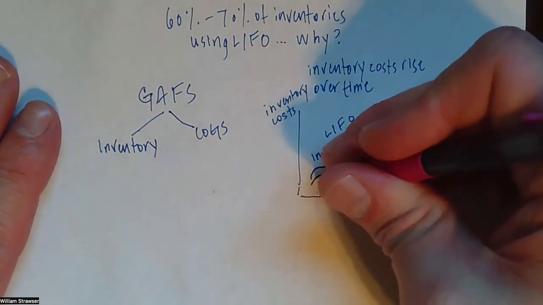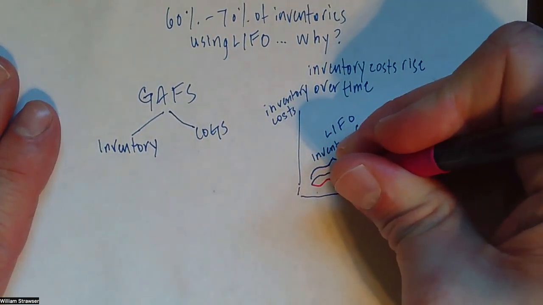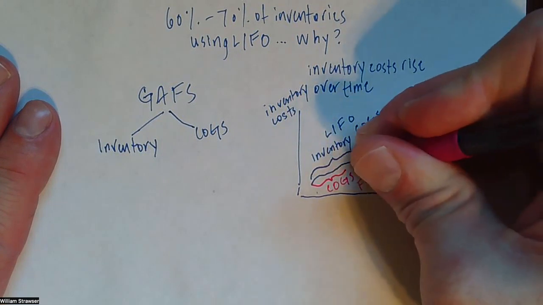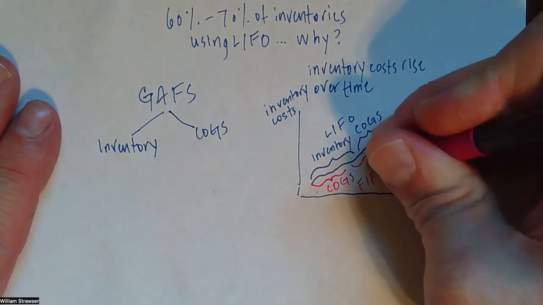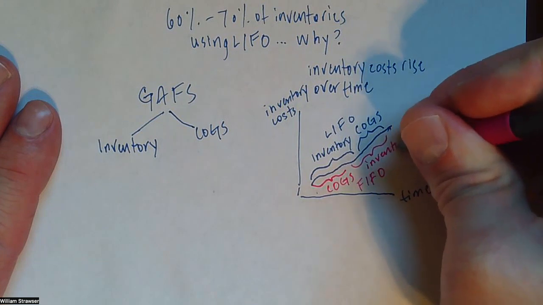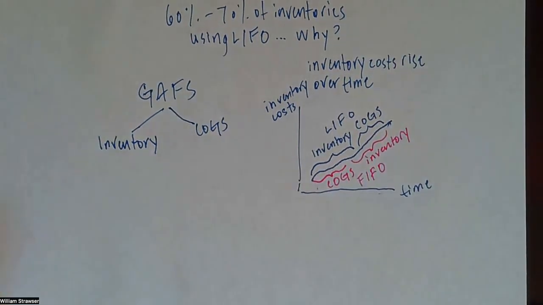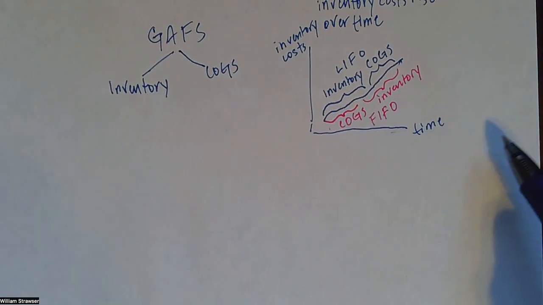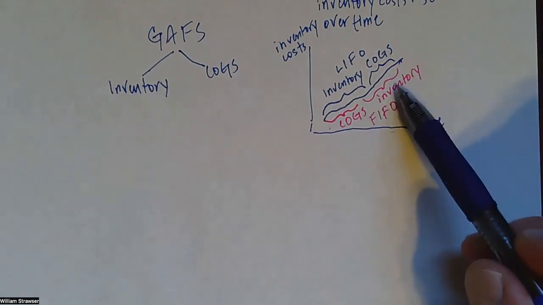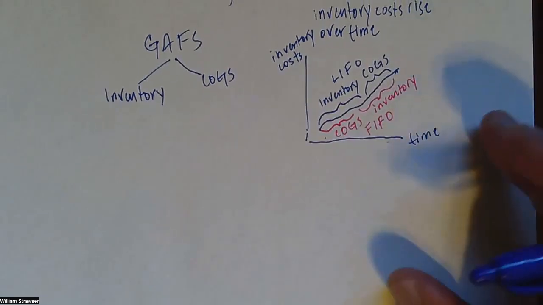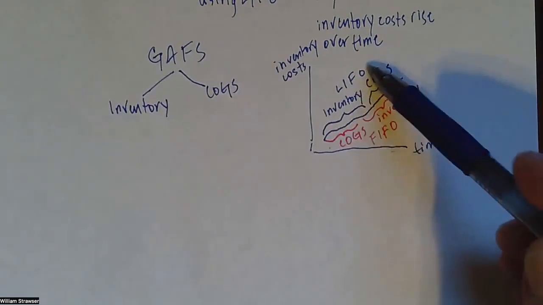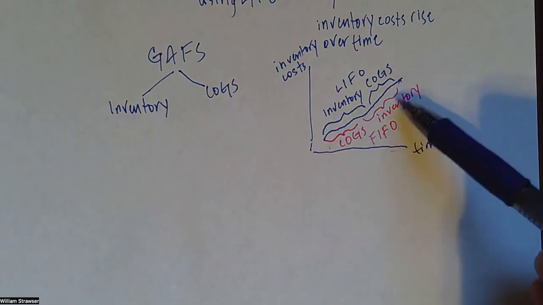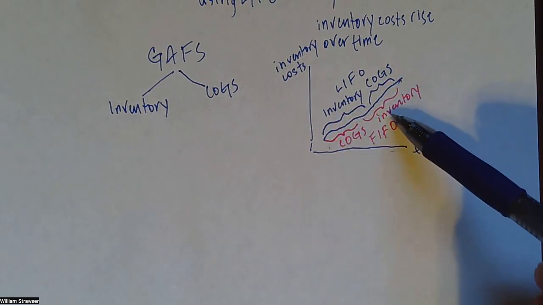FIFO, of course, does the exact opposite. It assumes that I sold the oldest stuff and that my more recent purchases are going into the inventory account. So you can see, based on this graph, that FIFO puts the more recent prices, which, if costs are rising over time, are going to be higher than the older prices, into inventory.